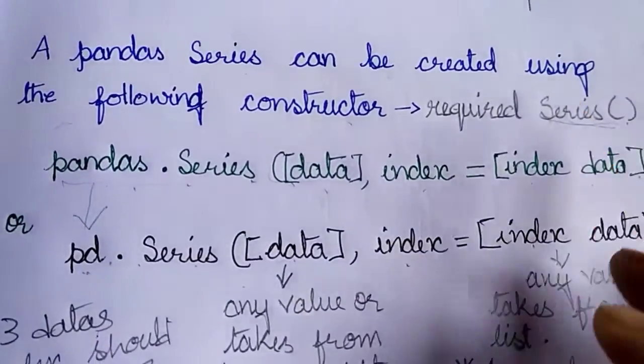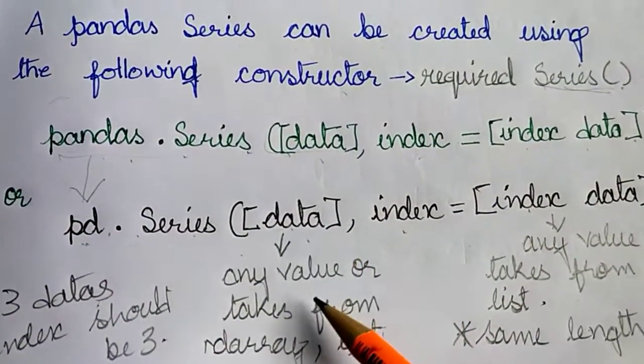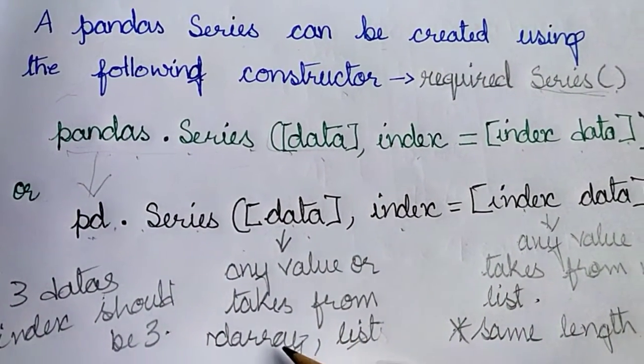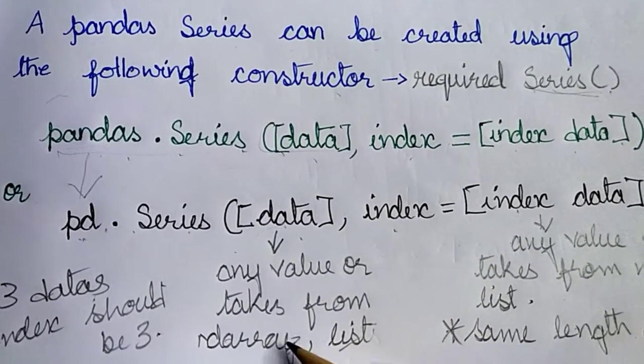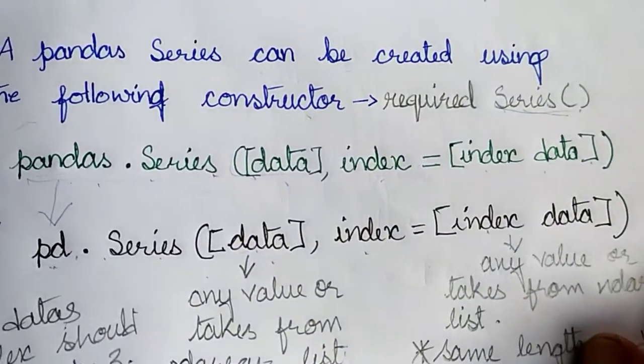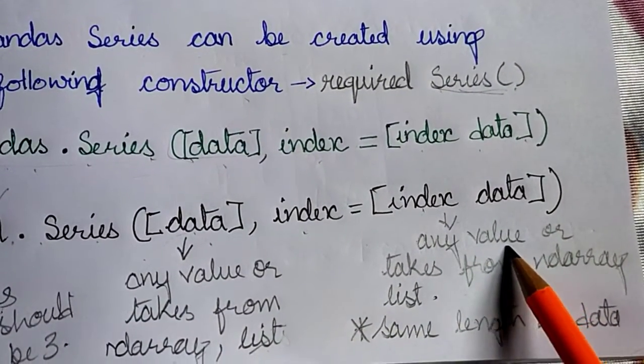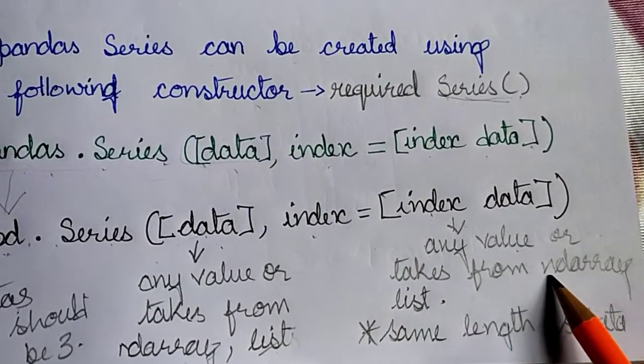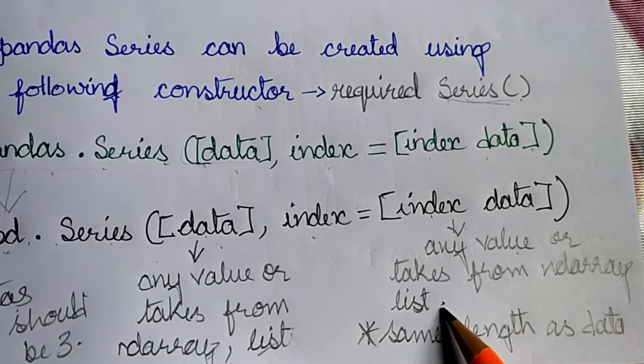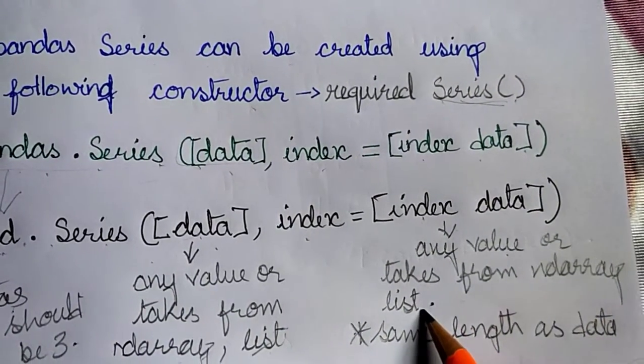So over here, this data can be any value, or you can take it from the ndarray or NumPy or the list. And the index over here is the same. It can be any value, or you can also take it from the ndarray or NumPy or the list.